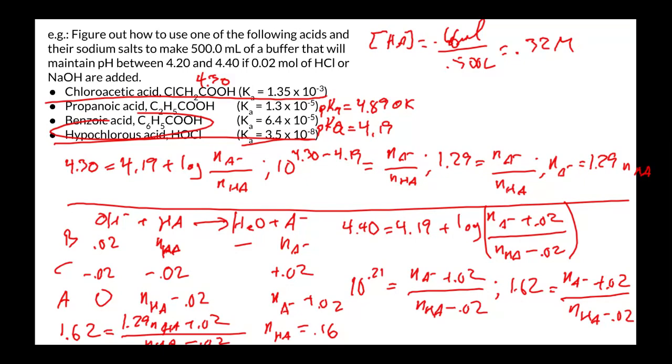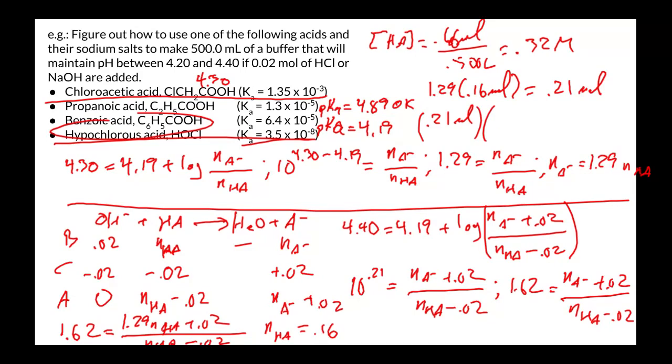How much base are we going to add? Well, 1.29 times 0.16 moles is how much sodium benzoate is going to be needed, and that works out to 0.21 moles. So we'll take 0.21 moles and we'll multiply it by the molar mass of sodium benzoate.